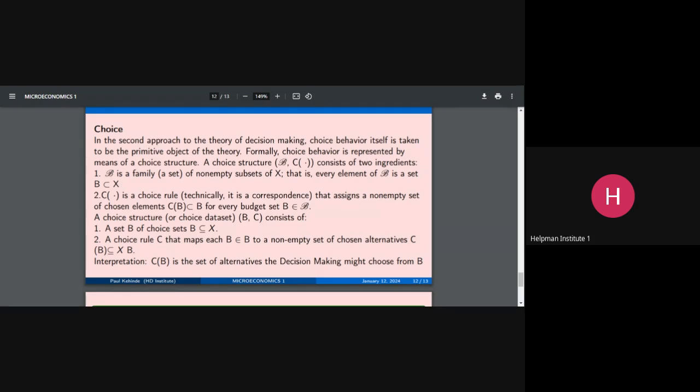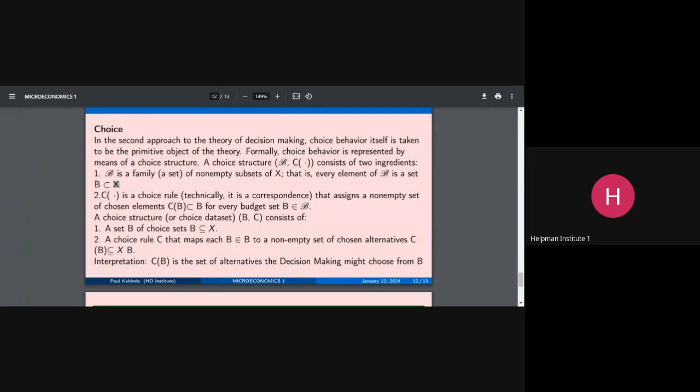So B stands for a budget set. Don't be confused between this B and this B. Just like we have small x and small y inside X, so also the B's are sets that are found inside calligraphic B. That's why we said it is a family of non-empty sets. It means that each is a subset of X. What do we mean by subset?